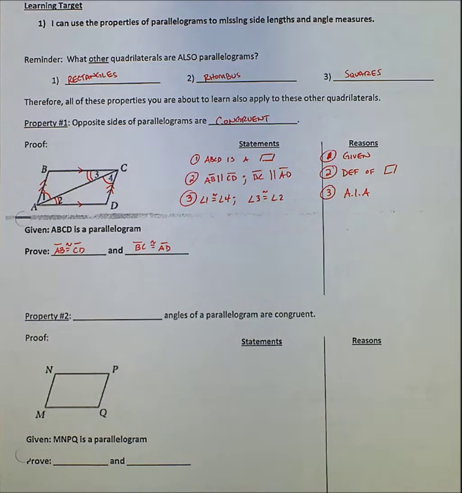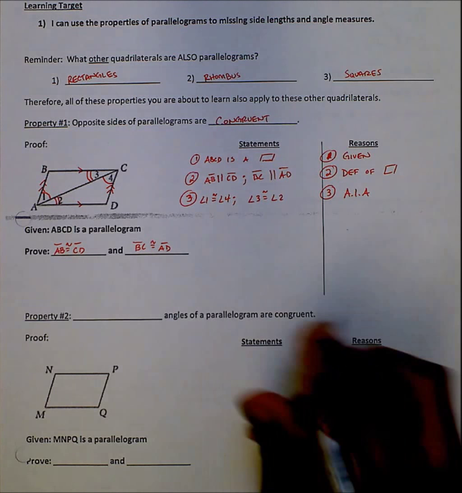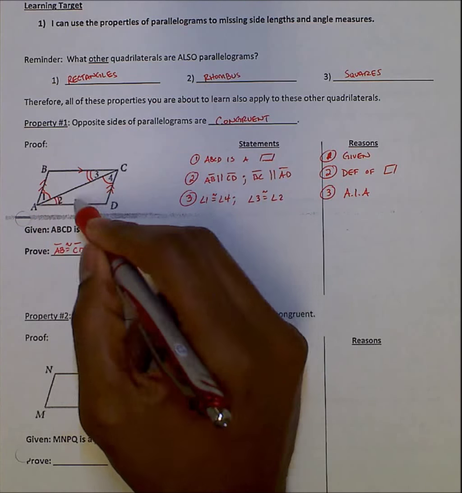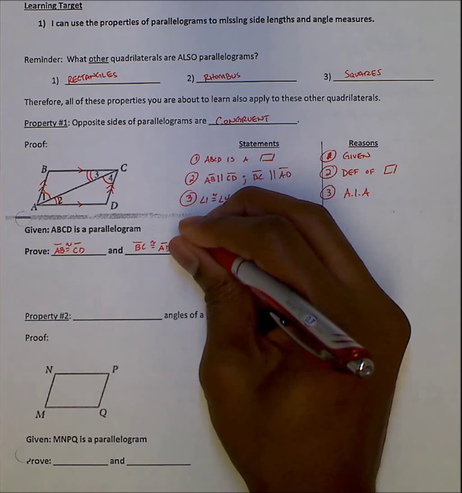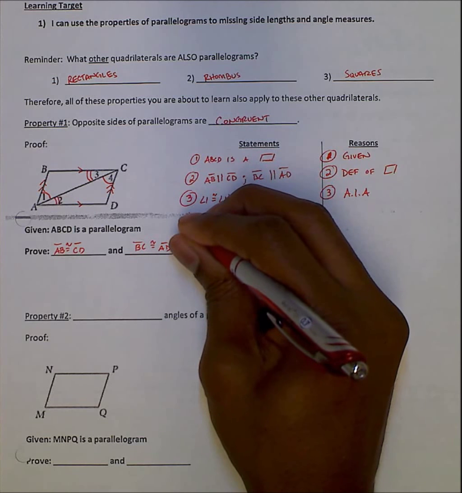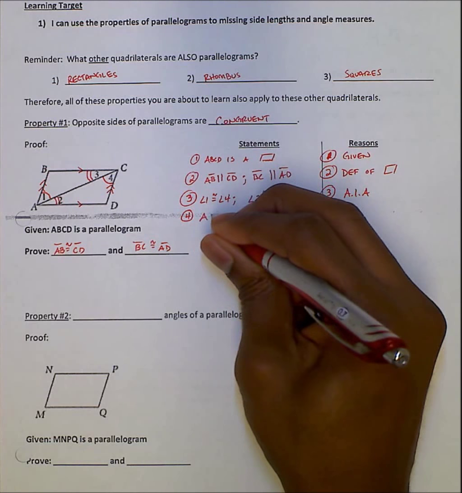Okay, now from there, if I'm trying to prove two sides congruent, I'm probably going to be using triangle proofs, and I'm almost there now. I can see two triangles, ABC and triangle CDA, should be what I'm focused on. And in those two triangles, they share the side AC.